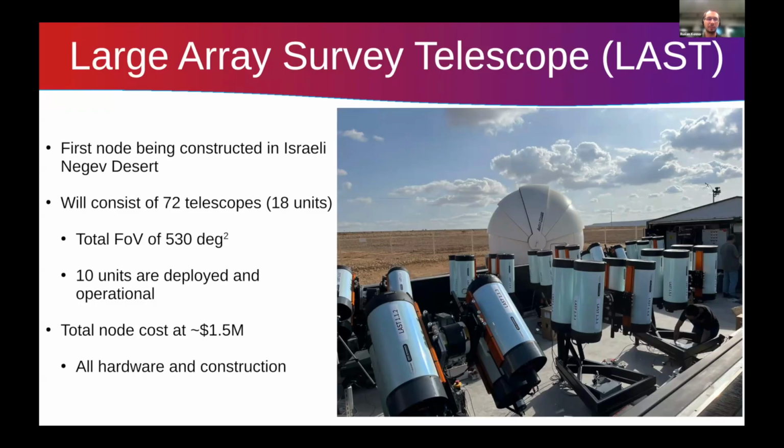It's being constructed in the Israeli Negev desert. Once it's constructed, it will have 70 telescopes, so 18 such 4-telescope mounts. It will have a field of view of more than 500 square degrees, and at the moment, 10 of such units are operational. Total estimated cost for hardware and construction is about $1.5 million, which for such a site is really cheap.